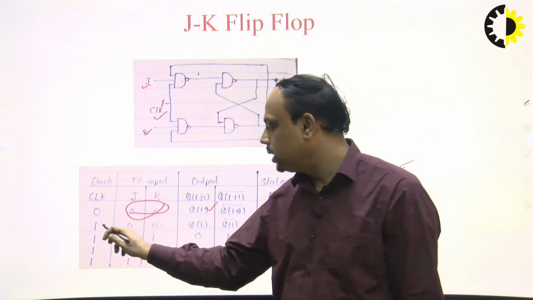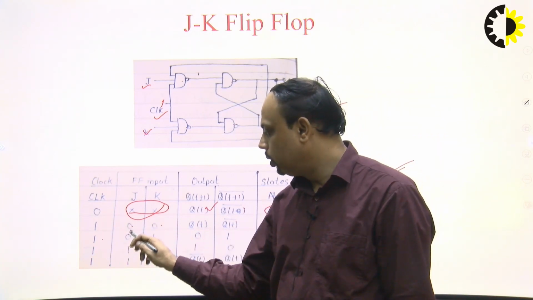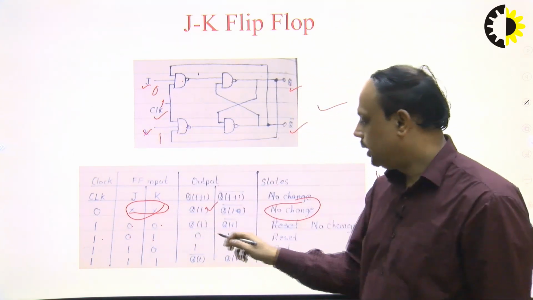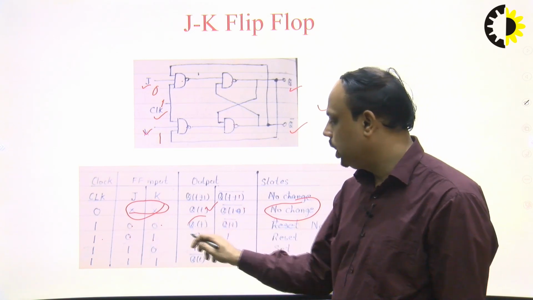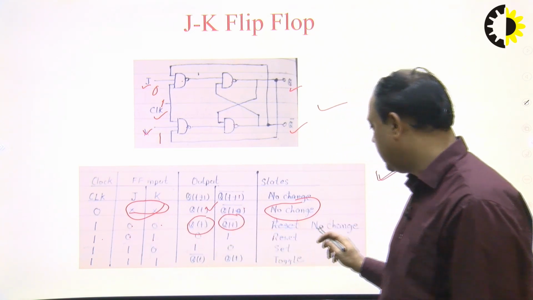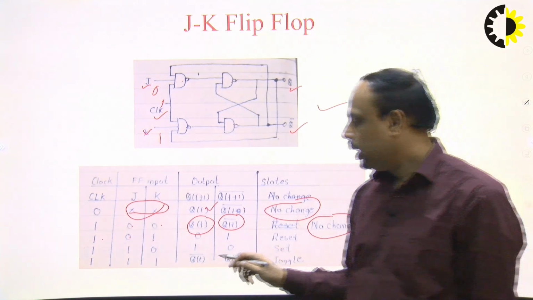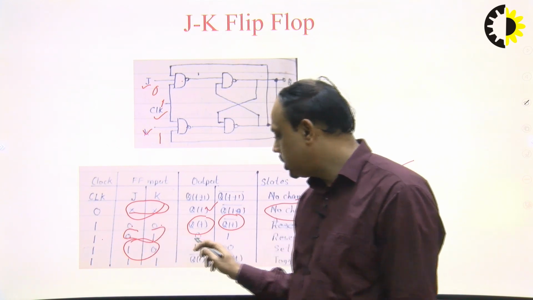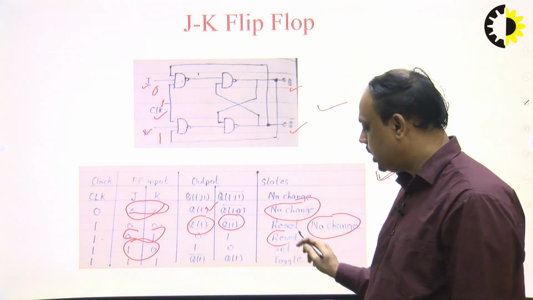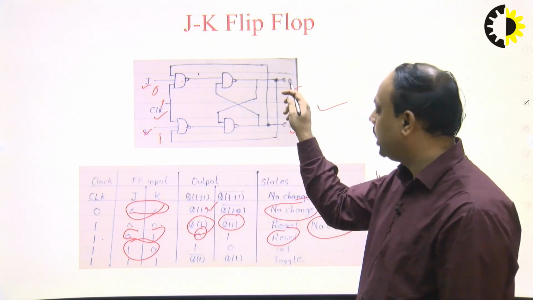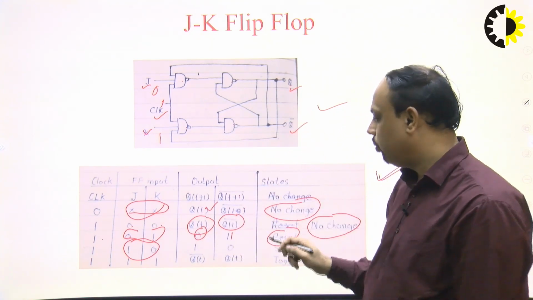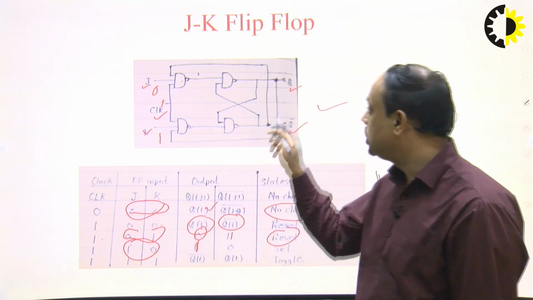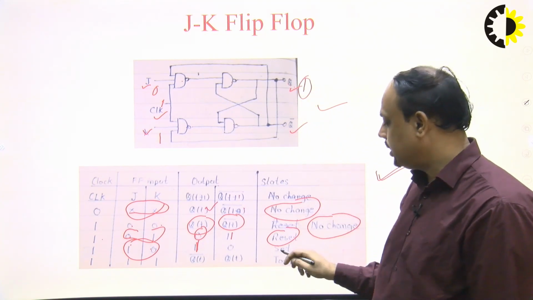When the clock is 1 and the input is J equal to 0 and K equal to 1, this is known as the reset state, as the main output Qt becomes 0 and Qt bar becomes 1. And for J equal to 1 and K equal to 0, the main output Qt is set to 1. That's why it is known as the set state.